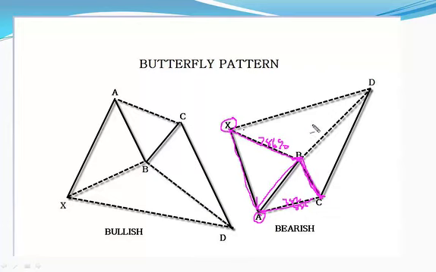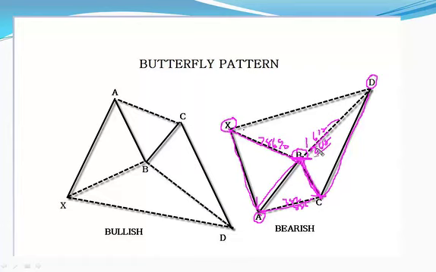Now this is a 1618 to a 2618 extension. So from B to C up to D, this is your criteria: you're taking B to C and multiplying it by 1618 to 2618.